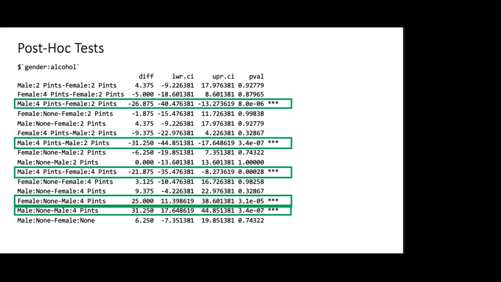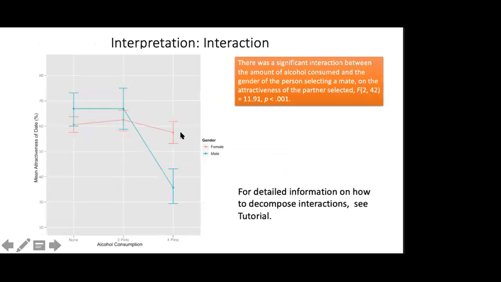That's identical. However, for men, the difference between no and 2 is also non-existent, but then it really plummets for 4 pints. Suddenly we have this huge drop in attractiveness. That is what drives the interaction, what accounts for the interaction.